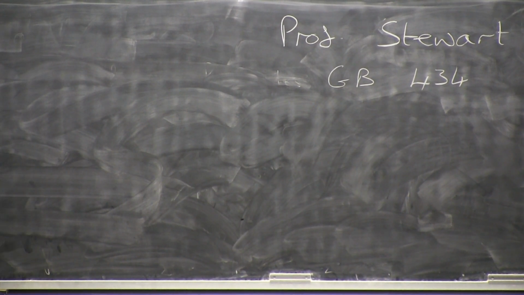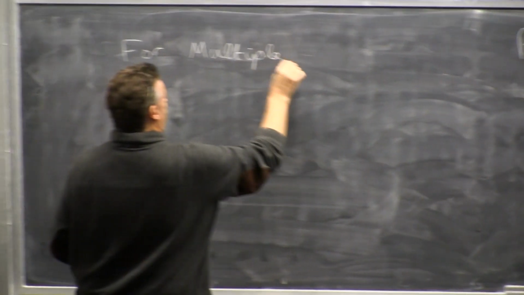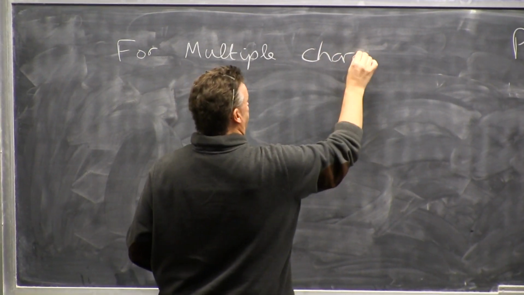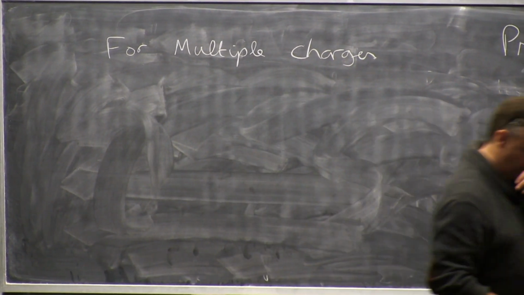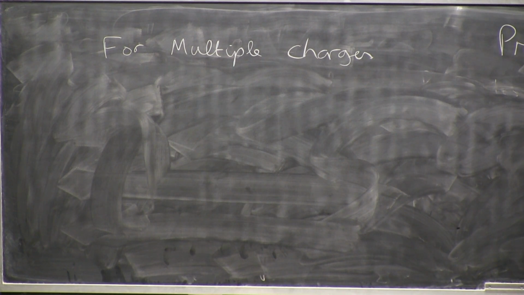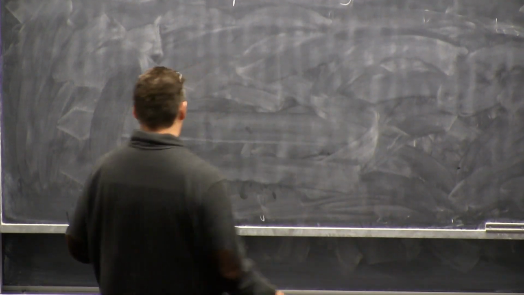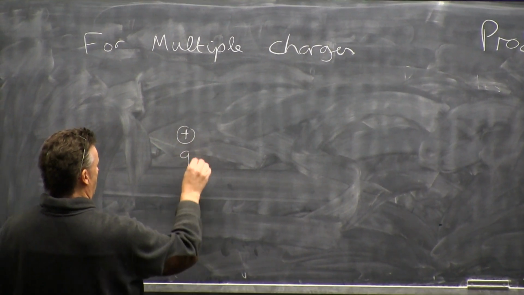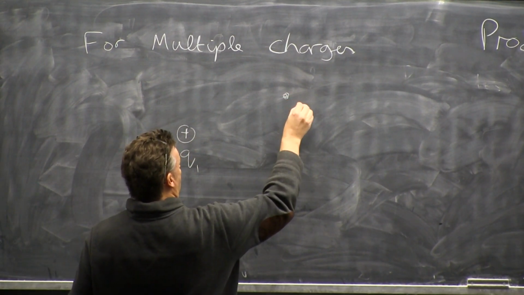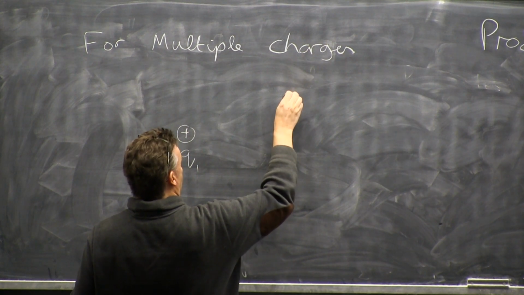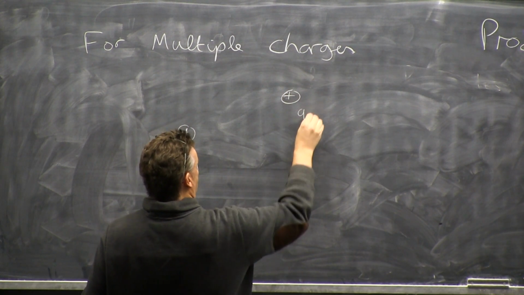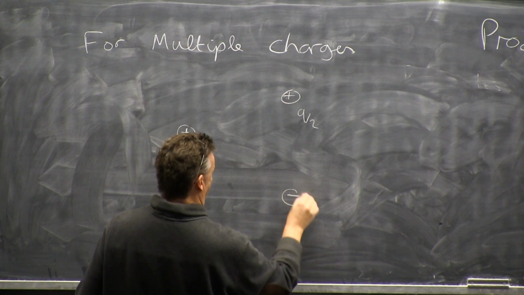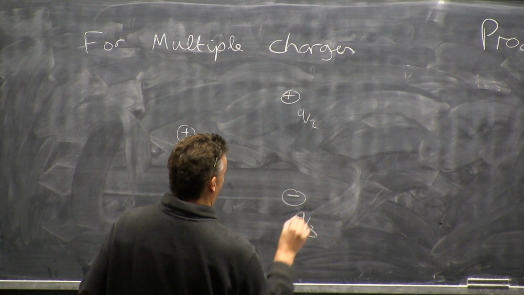So for multiple charges, you could consider having Q1, another Q2, and Q3, which would be a negative number.